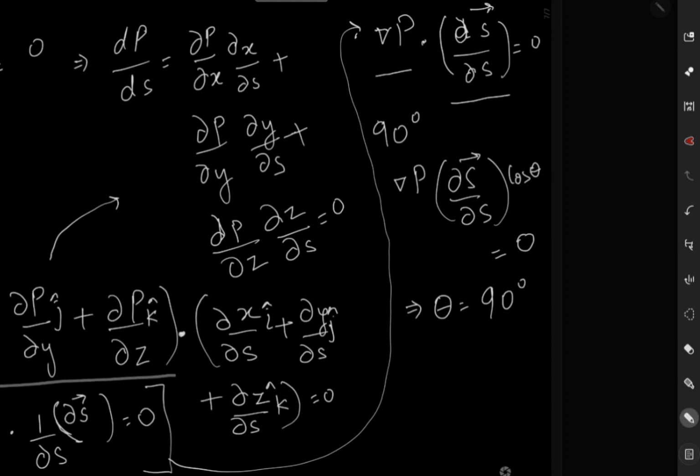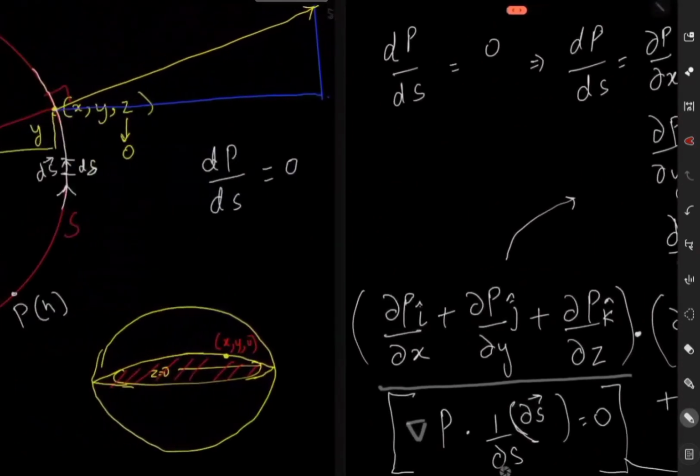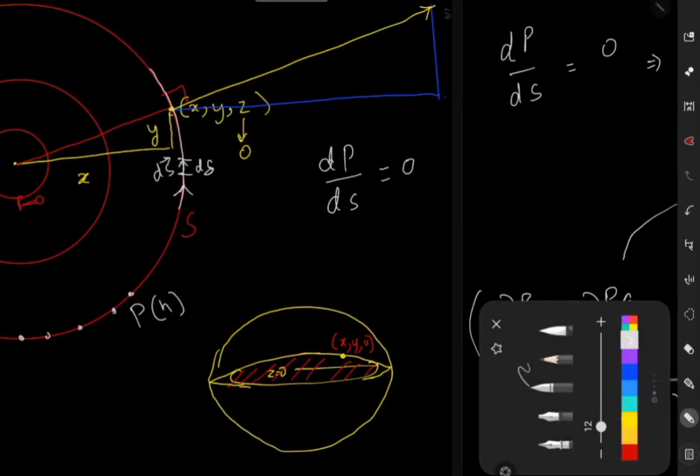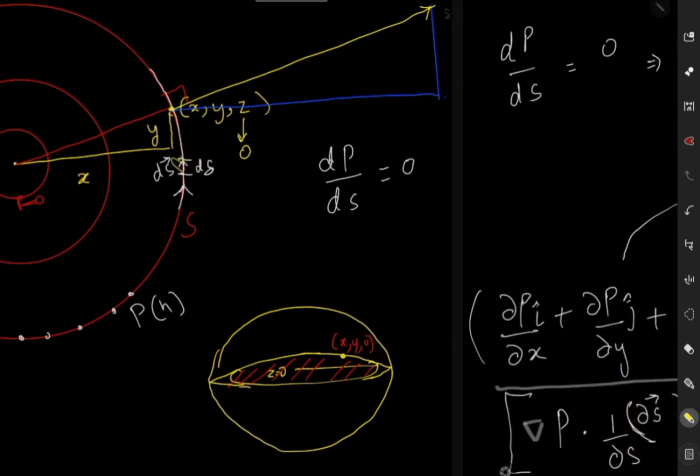So we can prove mathematically that our gradient p direction will be perpendicular to our movement. At every point, if we move here, the direction of gradient p will be perpendicular to this direction.